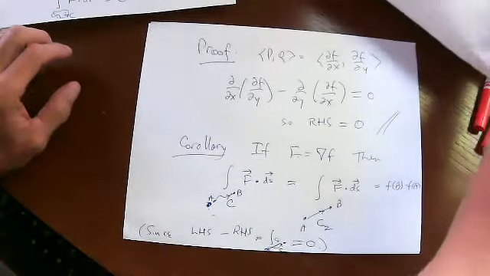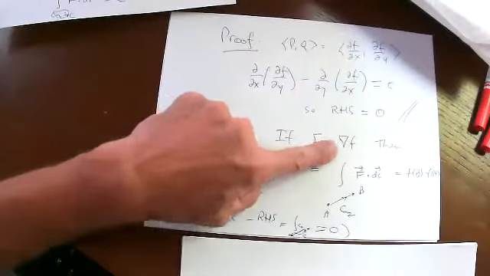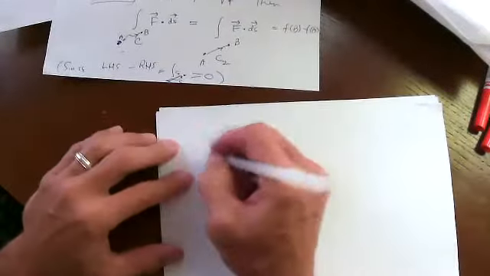In fact, you can generalize that same idea a little bit to cover the case of vector fields that are not necessarily even conservative. So let me say it this way.